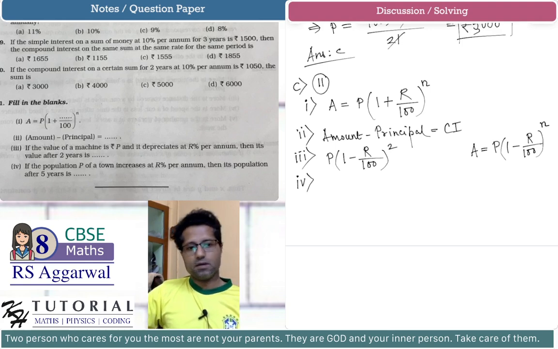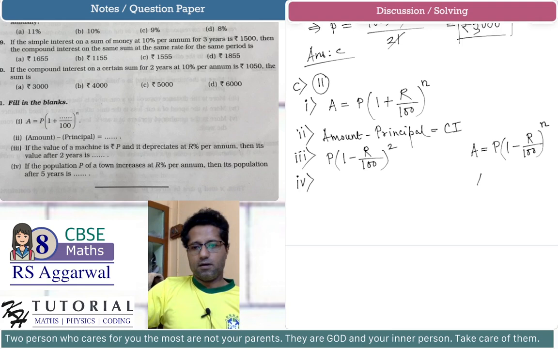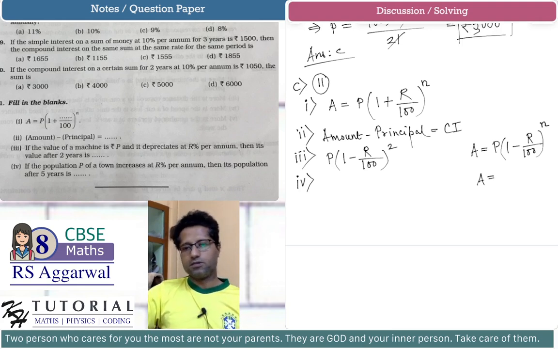Part 4. If the population P of a town increases at R% per annum, then its population after 5 years is. Regarding the population, this was the formula for the depreciation of value of some articles.